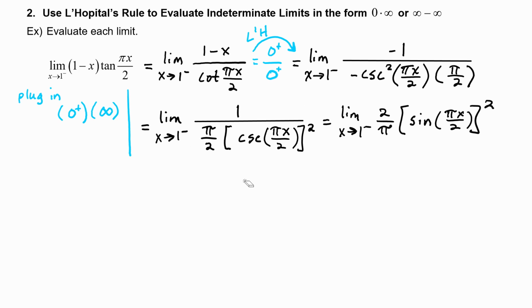We just take the reciprocal of what we had. Now if we plug in the limit value, we would get 2 over pi. Now when we plug a 1 in for x, we're taking the sine of pi over 2, which we know is 1. We have to square it. So this is just equal to 2 over pi.